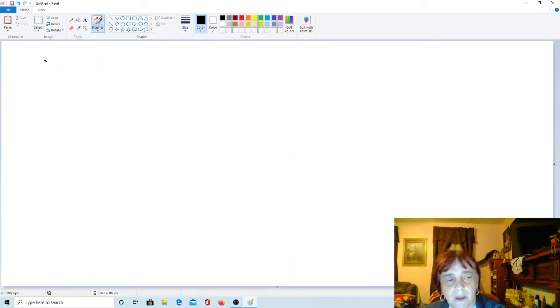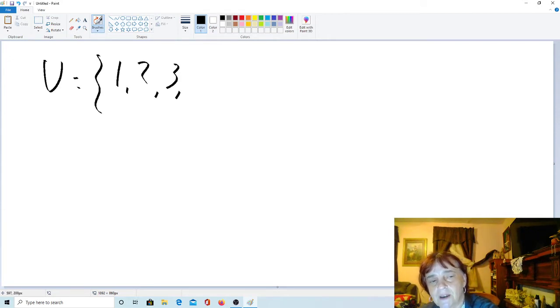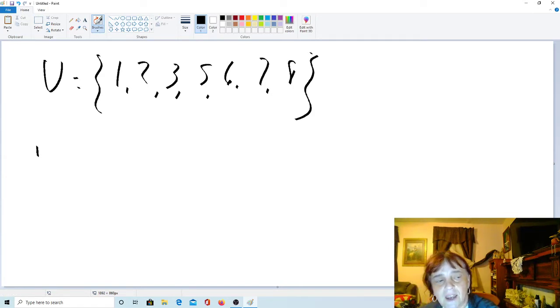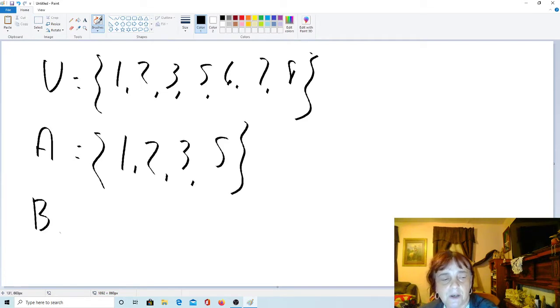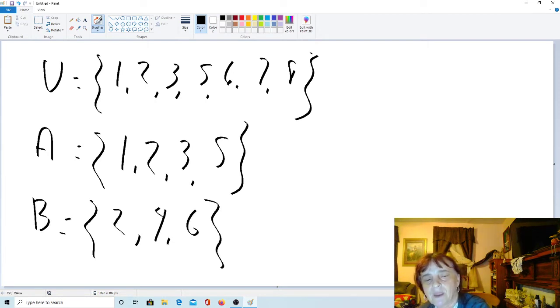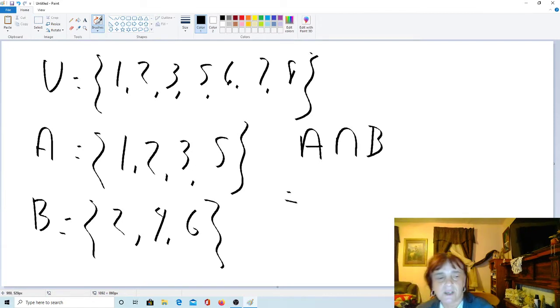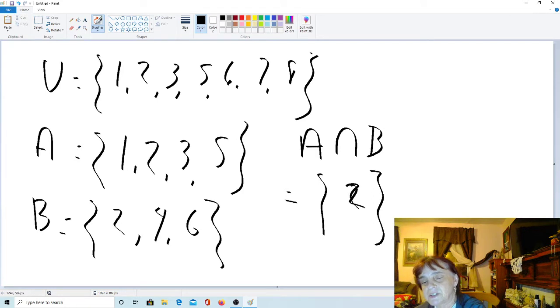And if U is 1, 2, 3, 5, 6, 7, 8, A is 1, 2, 3, 5, and B is 2, 4, 6, then A intersect B, or where A and B meet, is just 2. And if they didn't have anything in common, it would be the empty set.